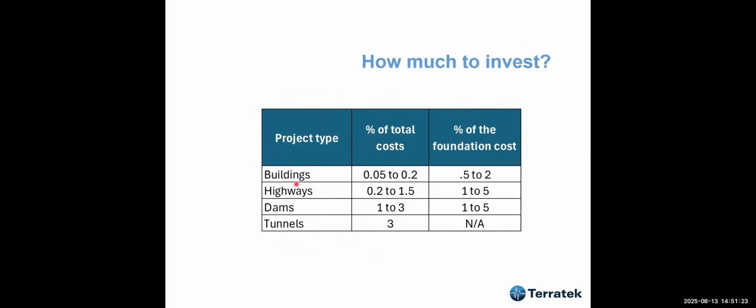And this is an idea depending on project type: buildings, highways, dams, and tunnels. Dams and tunnels are very risky structures, and that's why there are recommendations for investing something like 1 to 3% for dams and over 3% for tunnels. This is a percent of the foundation costs, which could be 0.5 to 2%, or 1 to 5%.